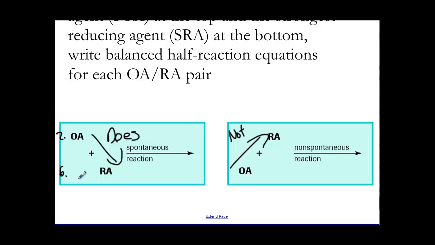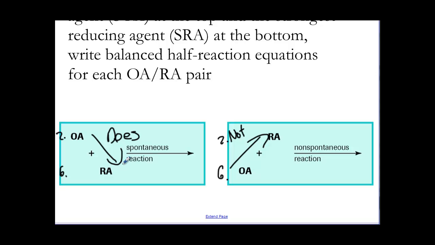This is like the 2 seed beating the 6 seed. Whereas here, the 6 seed is not able to beat the 2 seed in this orientation. So here, 2 will beat 6. Here, 6 cannot beat 2. So no reaction happens here. Here, a reaction does happen.